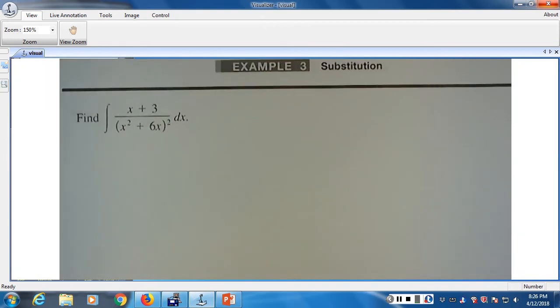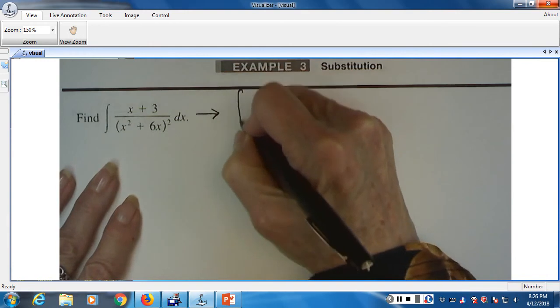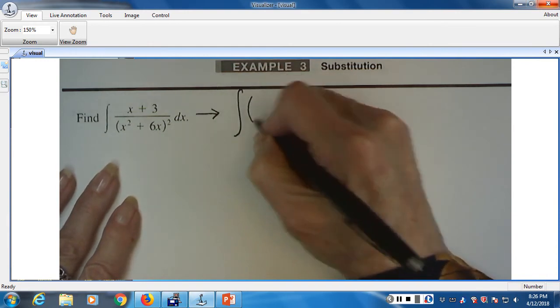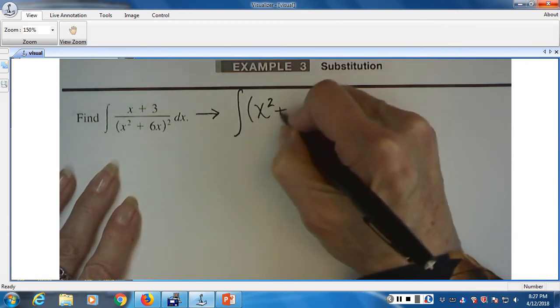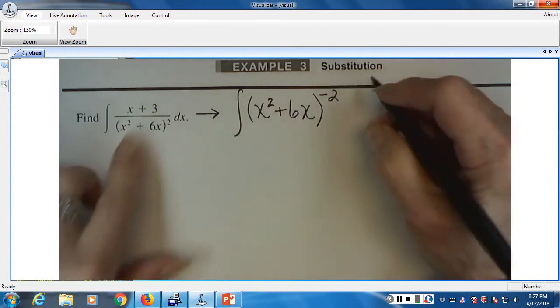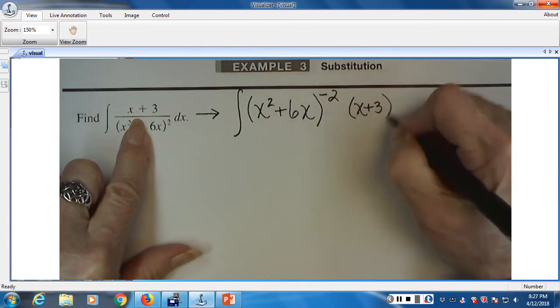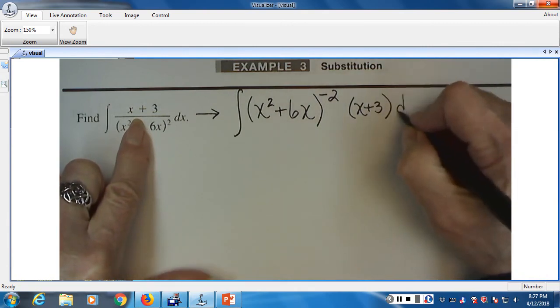Okay, now this one looks a little tricky, but doesn't have to be if we rewrite it. First thing you want to do on this one is rewrite it to where the power is negative, and then it'll make more sense. And then what you have left is x plus 3 dx.